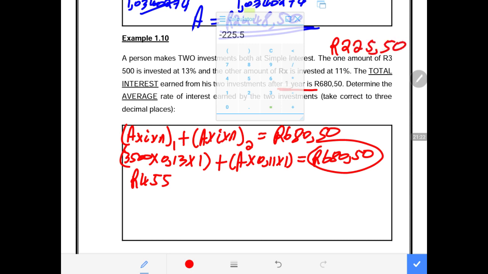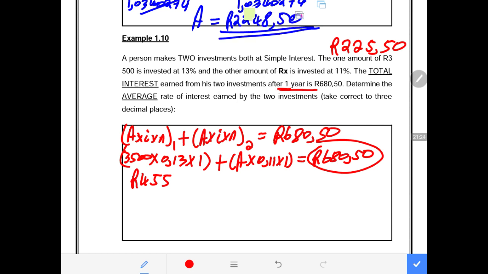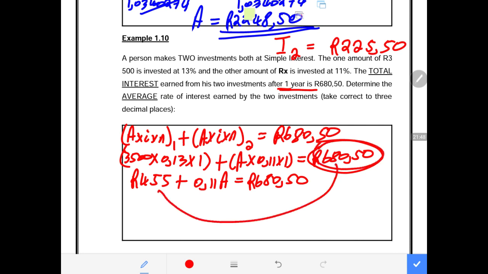Then we say 0.11A is equal to that. I hope you understand what I'm calculating there. I'm calculating the interest on the second investment, because this is the total interest for the two investments minus the interest for the first investment. Then this will give us the interest for the second investment.